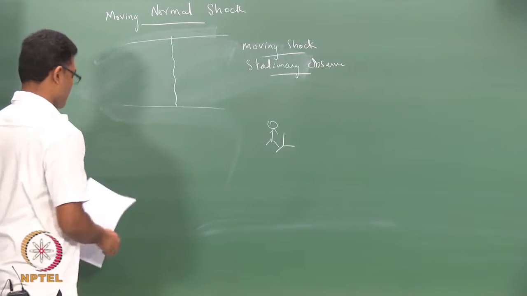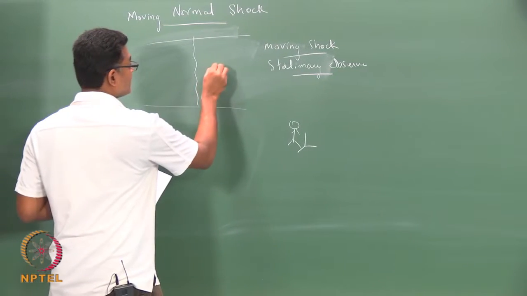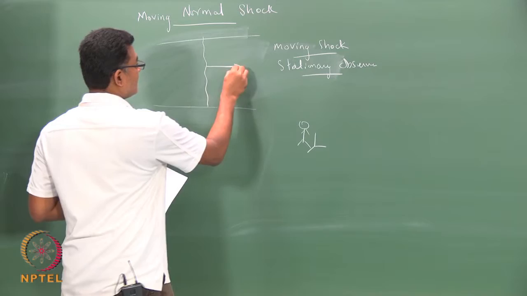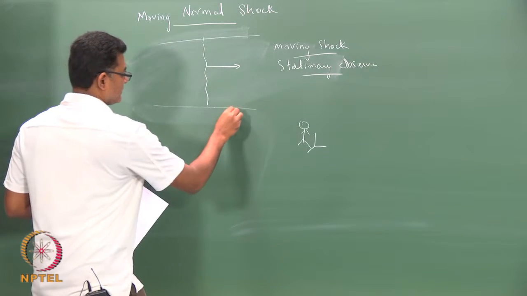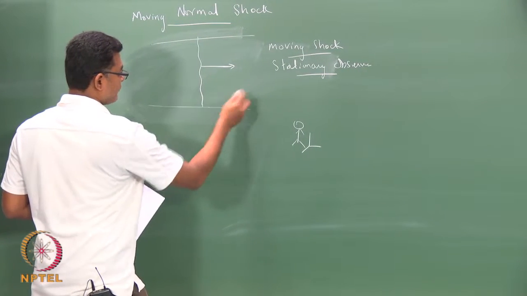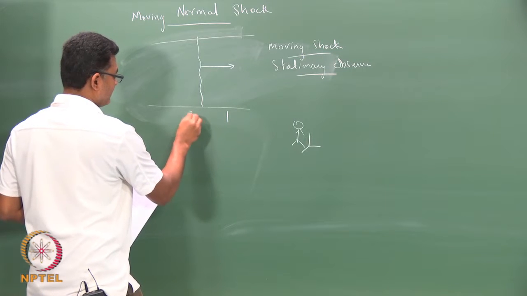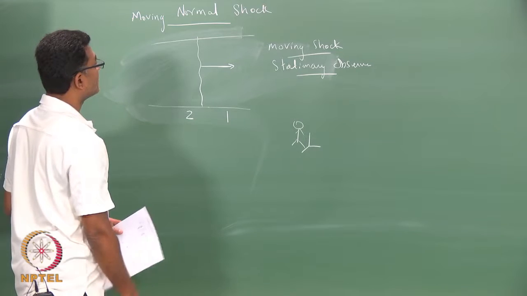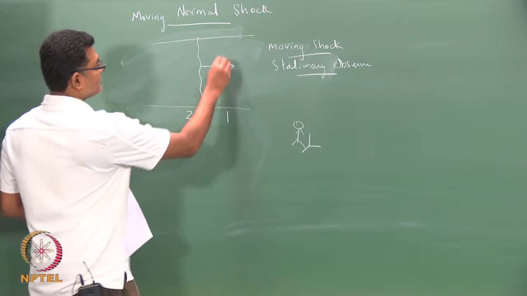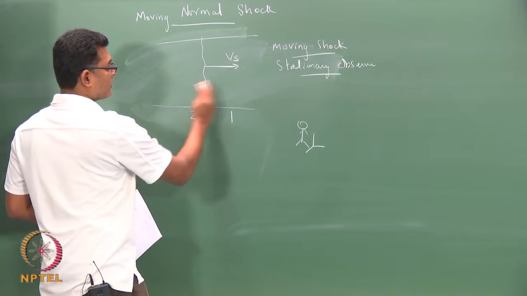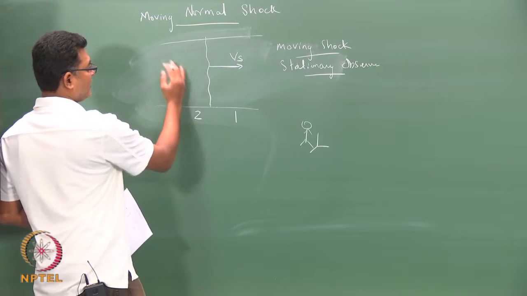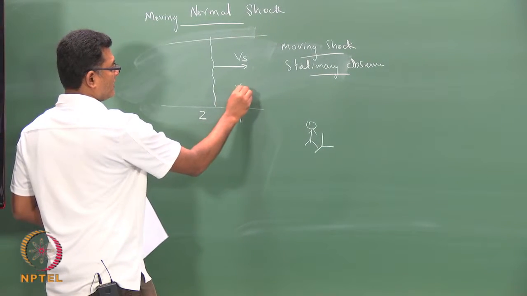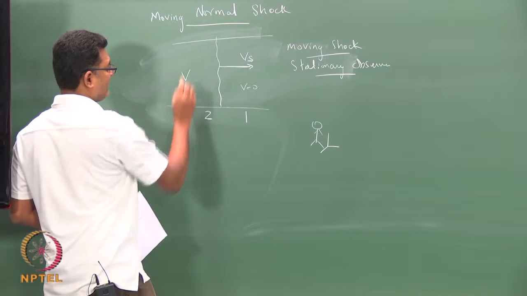This is my direction of shock moving. Any location before the shock is 1, any location after the shock is 2. As soon as the shock hits the point, the velocity here would change from 0 to some value.